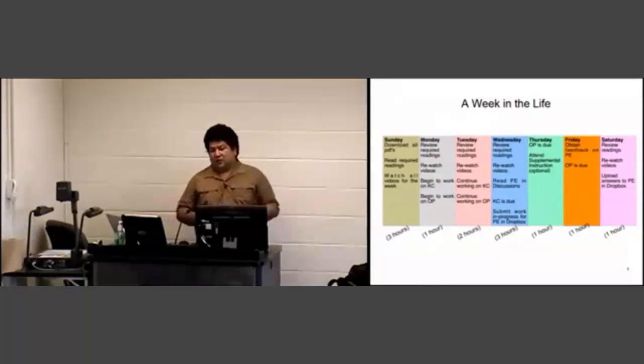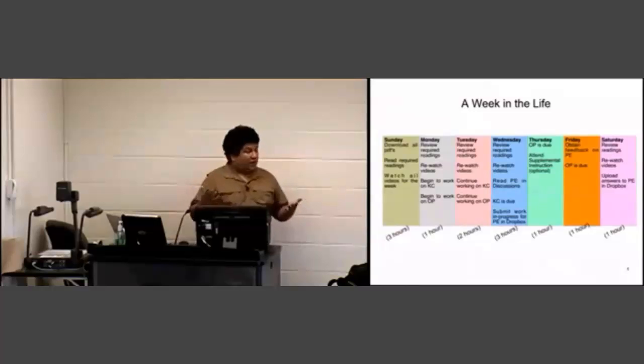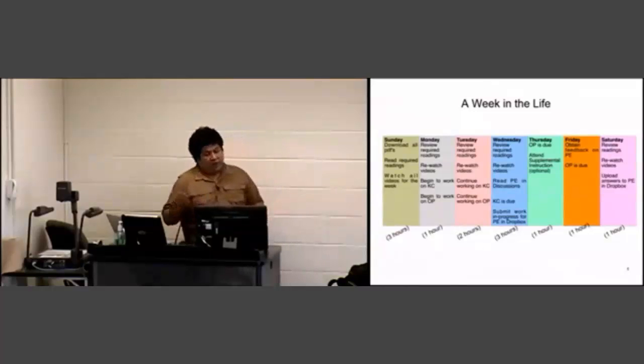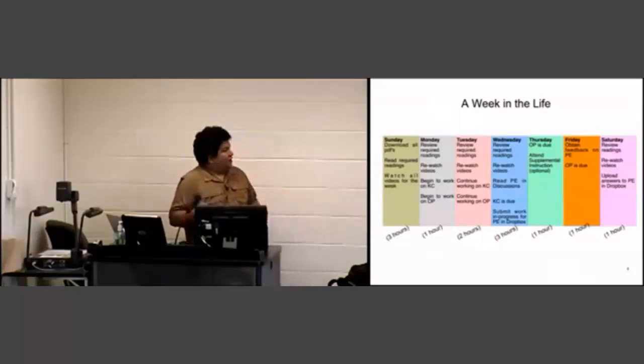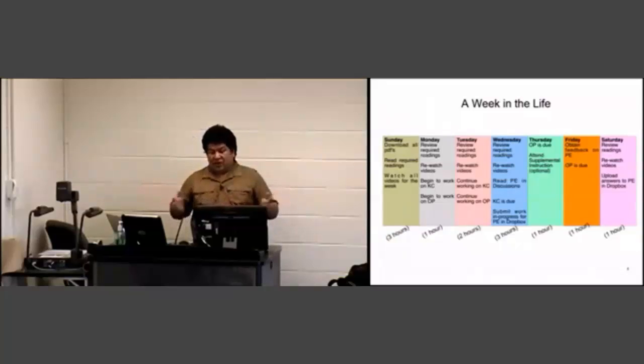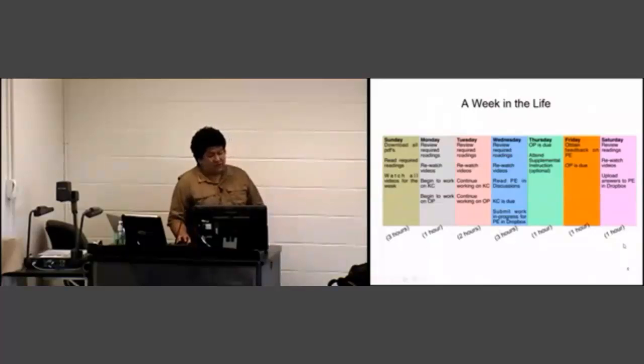A 4-credit-hour class would require 12 hours of work per week. The illustration I have here is, I have to admit, a little bit extreme, in the sense that it illustrates how to budget the time over 7 days a week. What you see at the bottom is one way of distributing 12 hours.